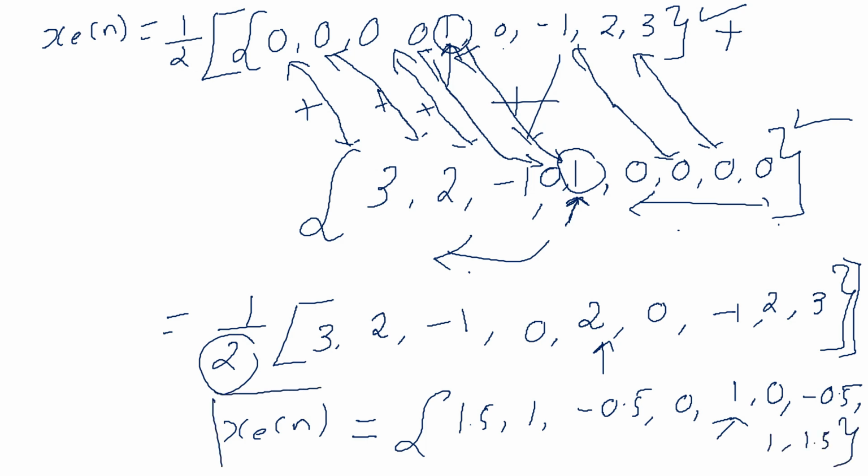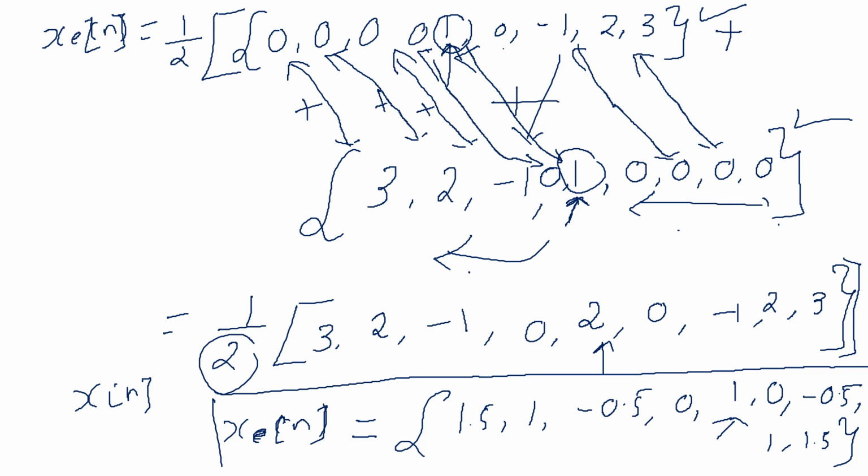So this is the decomposed value, and this is the value of the even part that has been decomposed from the original signal x of n. Please use square brackets. I may mistakenly use a normal bracket.